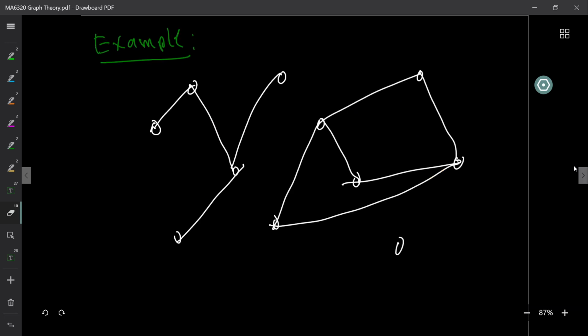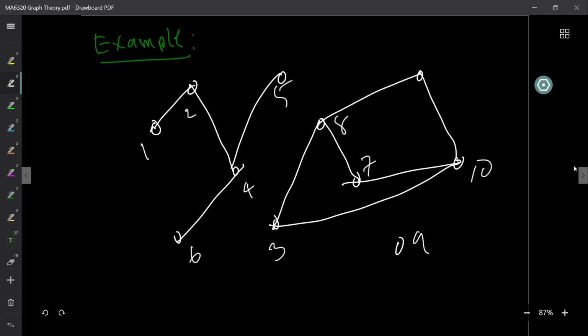So here is an example. You have a graph which is given. The entire thing is a graph. We can even name the vertices if you want: 1, 2, 3, 7, 8. In this graph, if you look at it, you can immediately say which are the components, because you can see which of these vertices have walks between them.